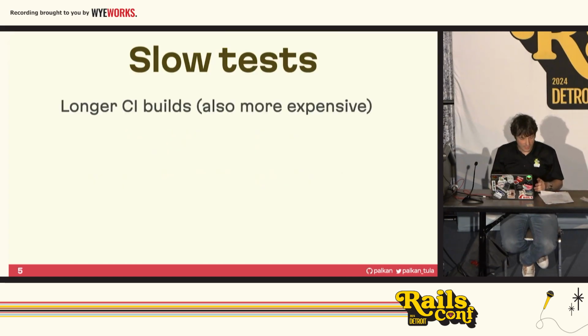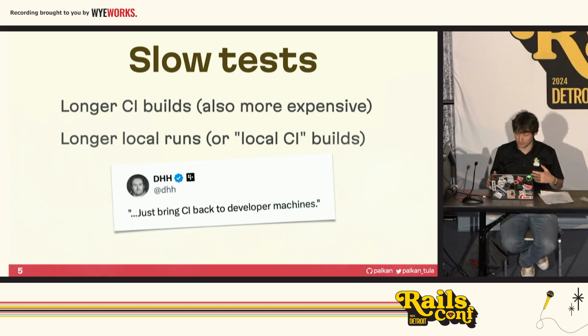And that's actually the 2 primary reasons to optimize tests. We want to avoid longer CI builds, which sometimes also could affect our expenses. And actually longer local builds, that's a new thing. It's common in the Rails world that someone wants you to run your tests locally.